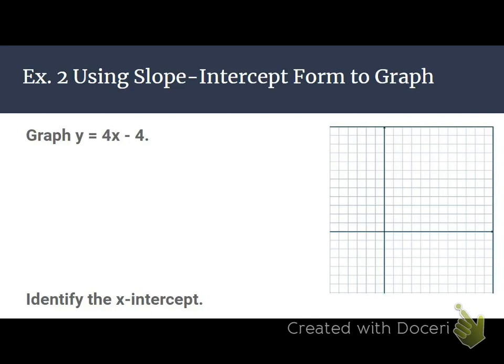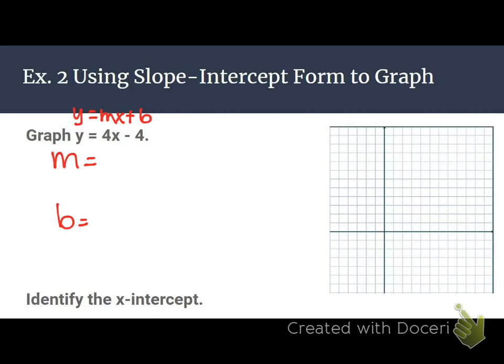Our first step, if needed, we have to rewrite it in slope-intercept form. So, is this in slope-intercept form? Yes, this is in the form y equals mx plus b. So that first part is really done for us. So then we need to identify our slope, or m, and our y-intercept b.